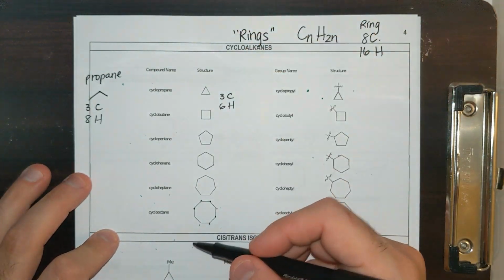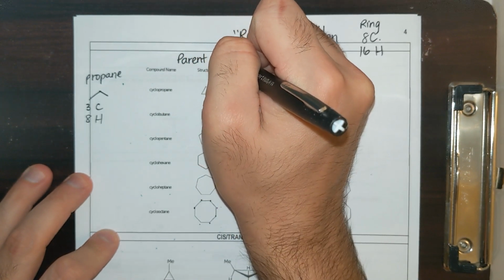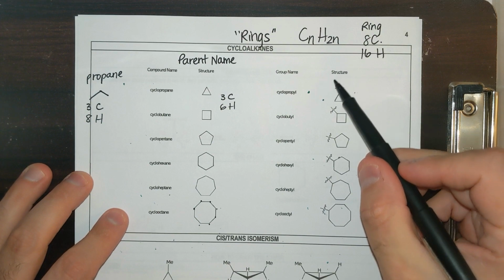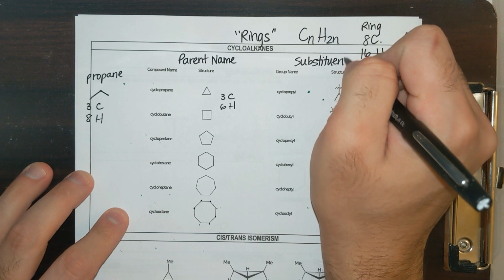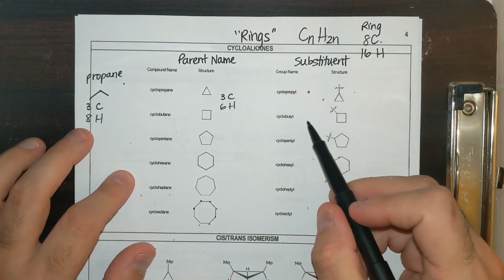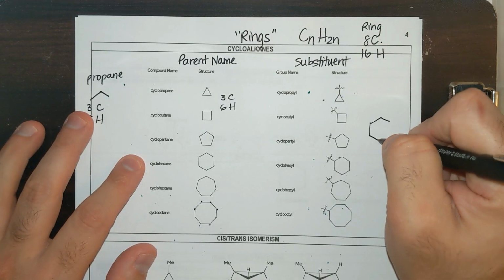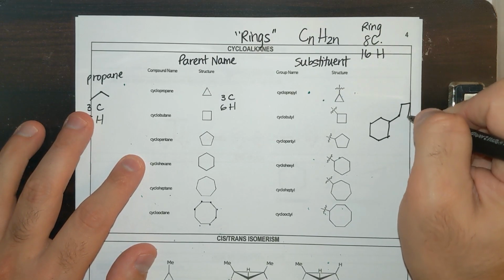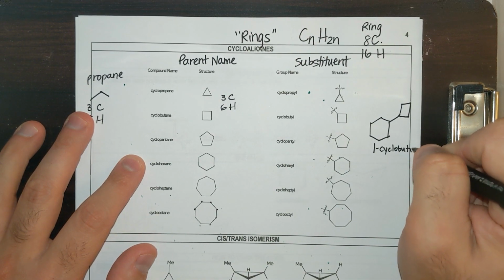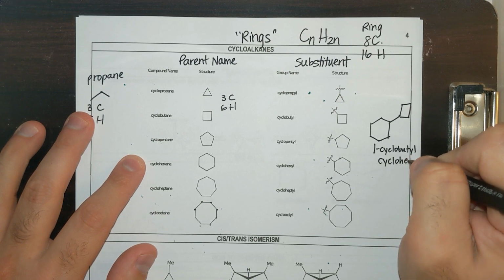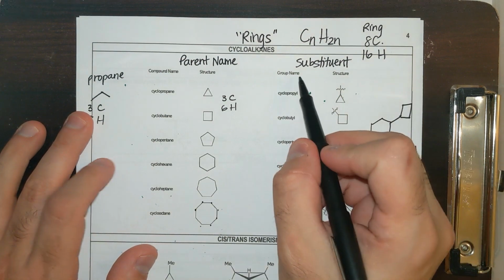Now, I could name this as a parent name. If somehow I had a larger parent name and it became a substituent, I could name a ring as a substituent. So for example, if I had cyclohexane and then cyclobutyl, this could be 1-cyclobutylcyclohexane. Now that's ugly, I know. But sometimes I could have rings as substituents, and look at what happens to the ending of the name.